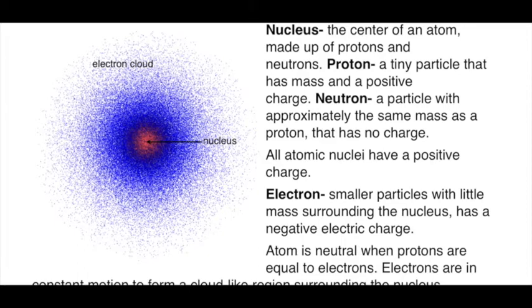So almost 100% of that atom is empty space, almost nothing, with a tiny little shred of matter. But yet that matter interacts with other matter to make everything that we know. So to review, you've got protons positive, neutrons neutral, inside the nucleus, and then electrons, which are in a cloud around the outside, and those are negative.